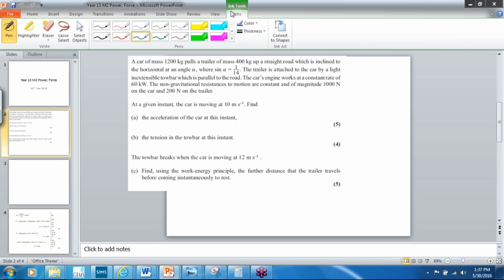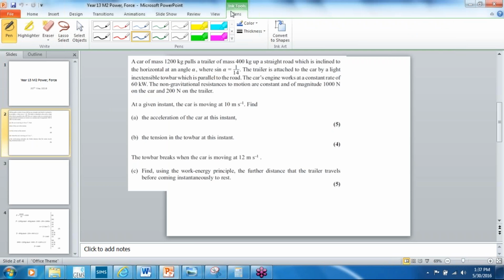So here we have a car of mass 1,200 kilograms that pulls a trailer of mass 400 kilograms up a straight road, which is inclined to the horizontal at an angle of alpha, where sine alpha equals 1/14. So let's put our trailer, our car.